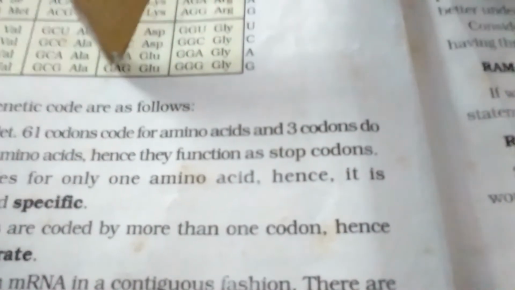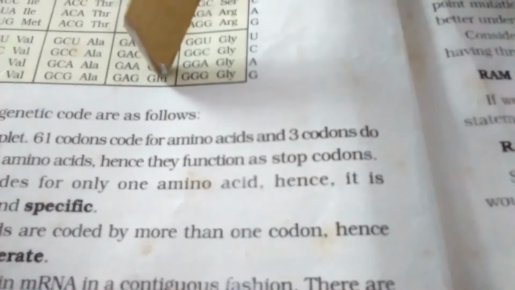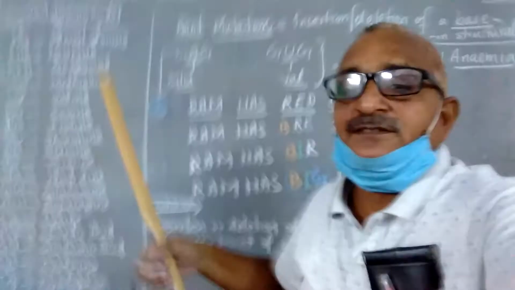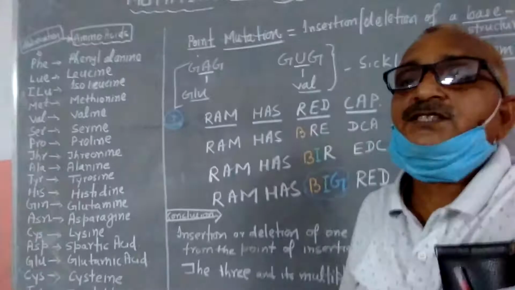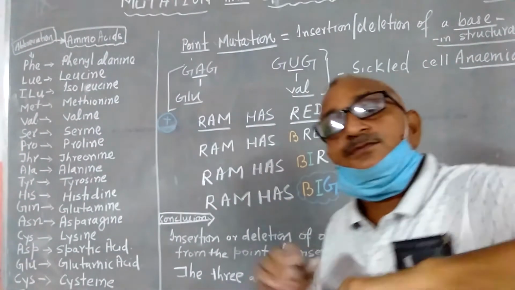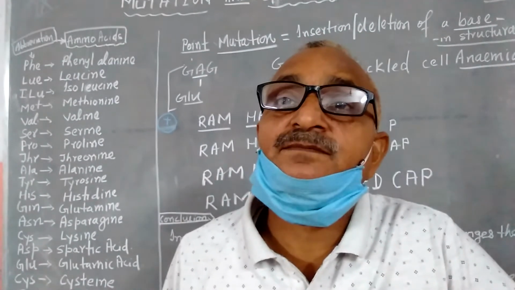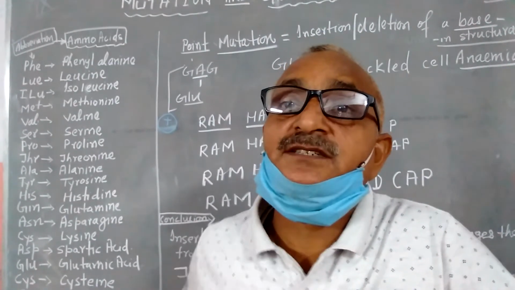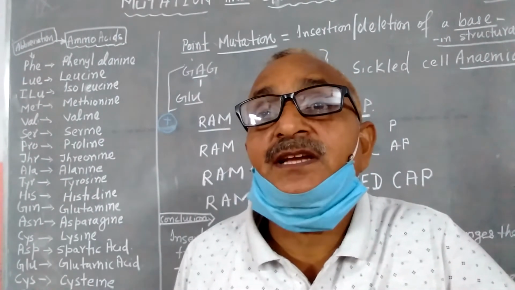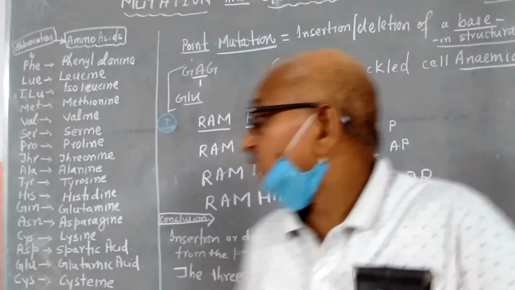So when adenine is replaced by uracil, at the place of glutamic acid there will be valine. This change results in the formation of a different nature of the protein present in the blood, and the RBC turns sickle shaped, and the person suffers from sickle cell anemia. So sickle cell anemia is a typical example of point mutation. You have got this point.